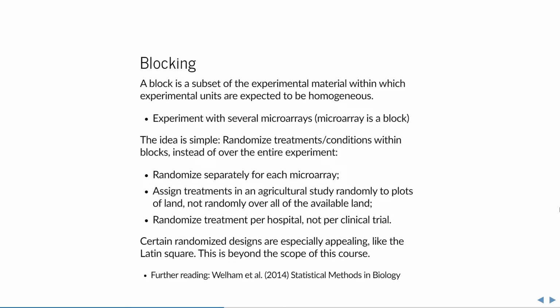And another example, let's say that there's a very large clinical trial involving multiple hospitals. Then you want to randomize the allocation of treatment, so placebo or the actual treatment, per hospital and not over the entire clinical trial. Because then it might happen that one hospital did not use one treatment or use very little of one treatment. And that's something we want to avoid because we also pursue balance.